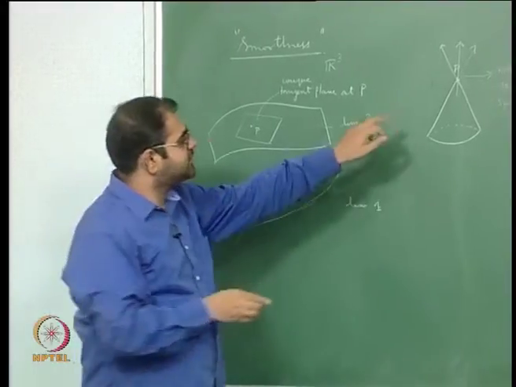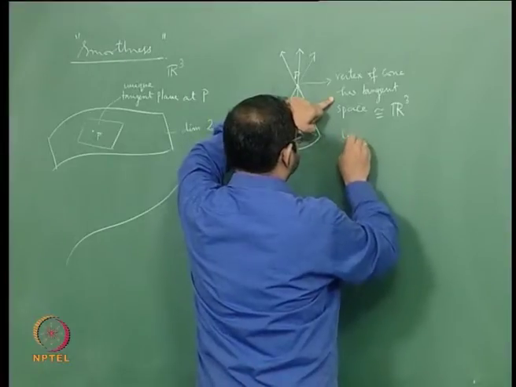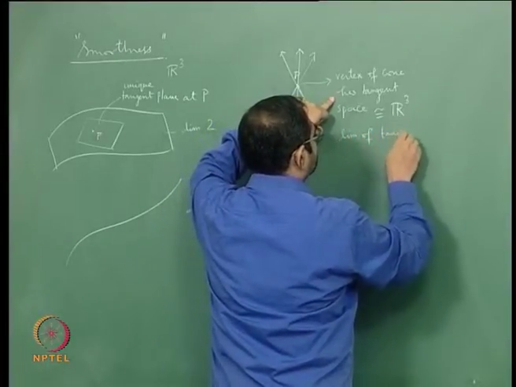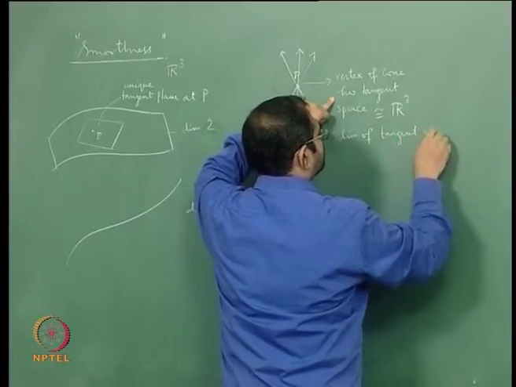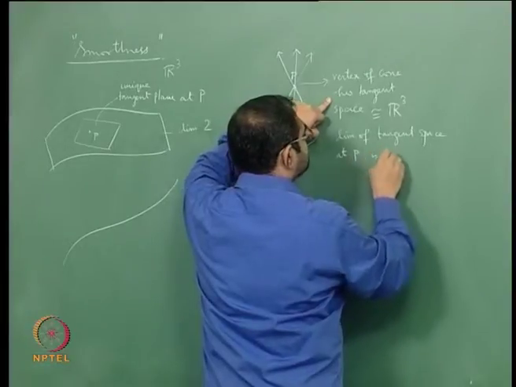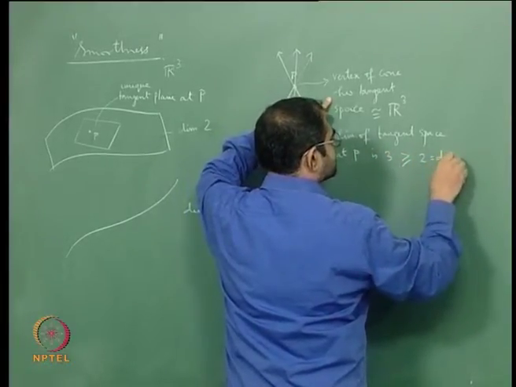So here the dimension of the tangent space at the point P is 3, which is greater than or equal to 2, the dimension of the surface.